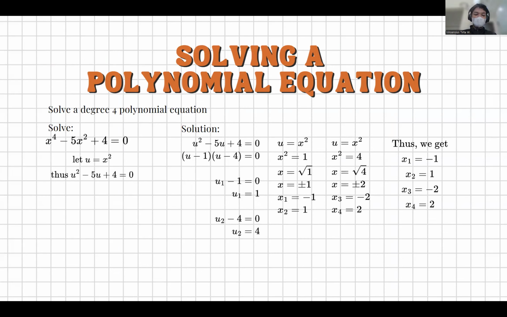Thus, we get a new equation: u squared minus 5u plus 4 is equal to 0. Then for the solution, we find the factors of u squared minus 5u plus 4, which are u minus 1 and u minus 4.